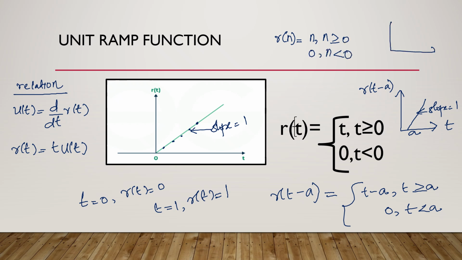We can plot this in a similar way in discrete form. This is the linearly increasing r of n with respect to n, which is equal to n into u of n. This is the relation for the discrete time signal.